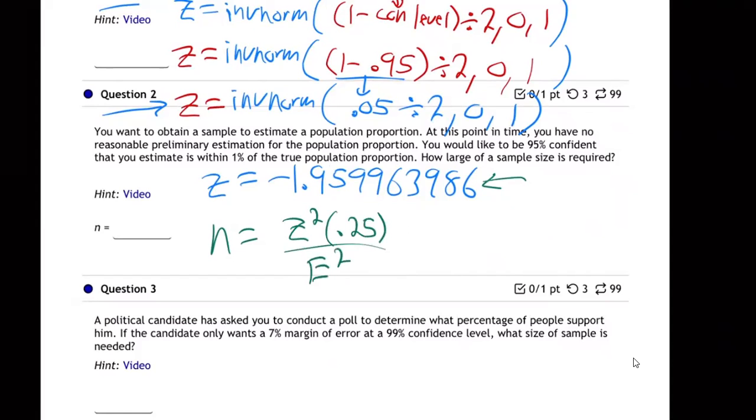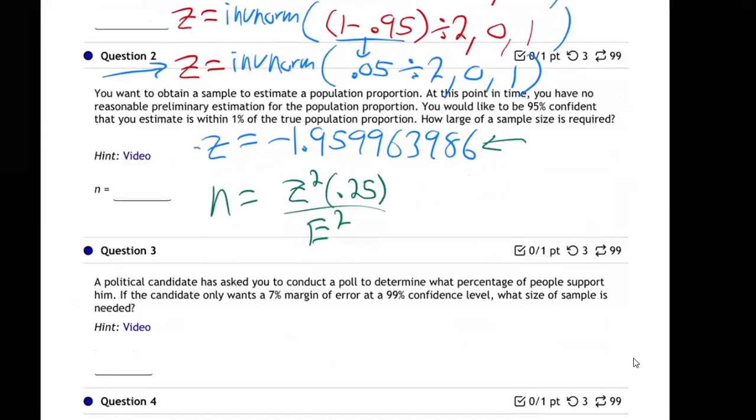So the way you type that in to make it as easy as possible is you get the z on your screen. While it's still on your screen, just hit second answer. That button is at the very bottom, above the negative with parentheses at the very bottom of the calculator. That's a beautiful button.